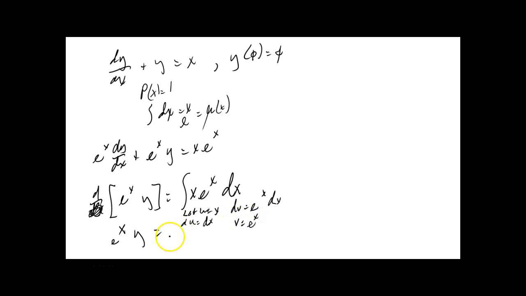Okay, so this will be x e to the x minus the integral of e to the x dx, and that would be x e to the x minus e to the x. Then you put your plus c. Been down this road before. And then what do we do?